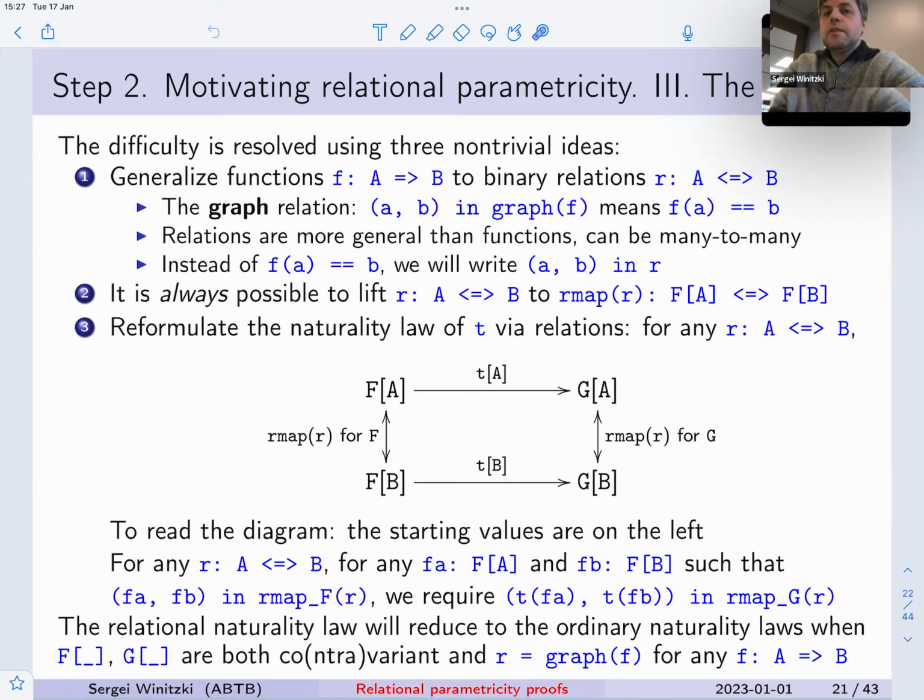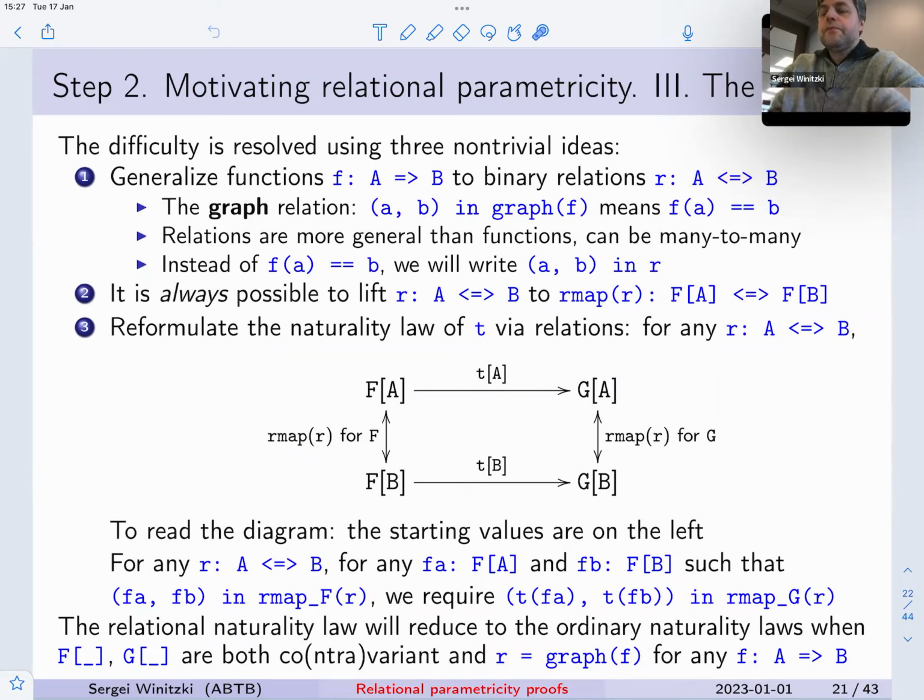And one is that we need to generalize from functions f to arbitrary binary relations, which I write like this. R, a binary relation R, has the type relation between values of types A and B. So instead of saying it's from A to B in one direction, a relation is a non-directional object.